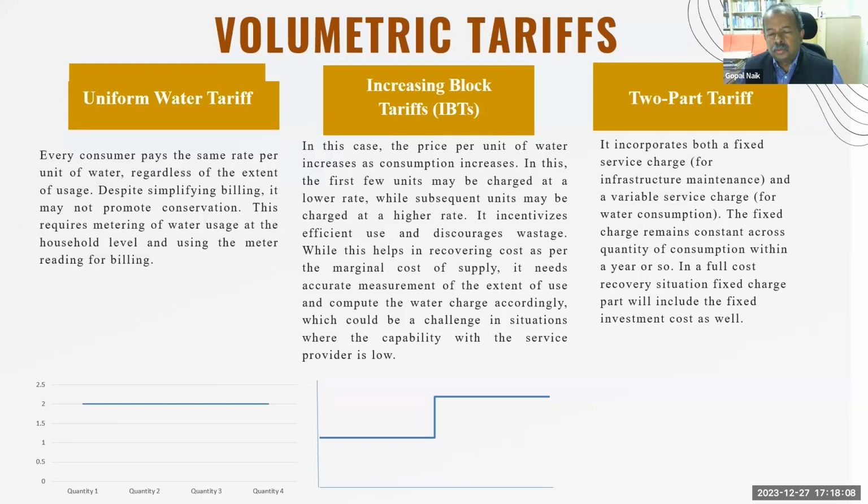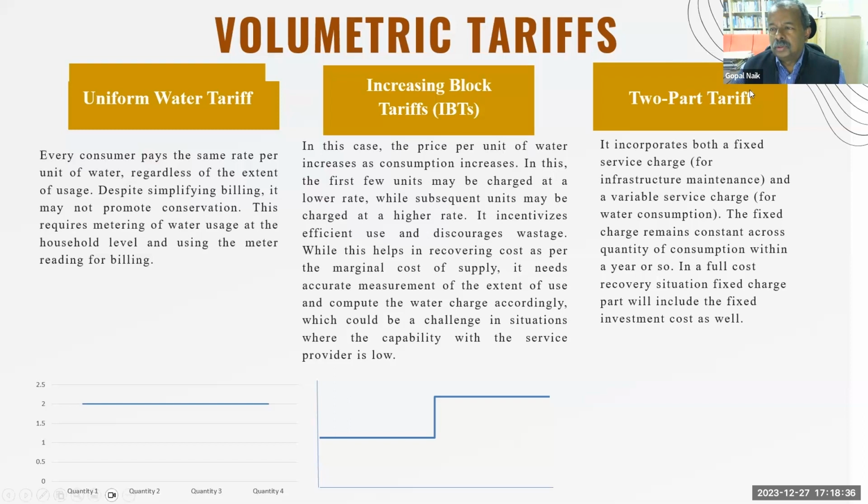This could be a challenging situation where the capability of the service provider is low. Let's say VWSCs are not very well versed with measurement and recording, in which case this may become a challenging situation for such VWSCs.